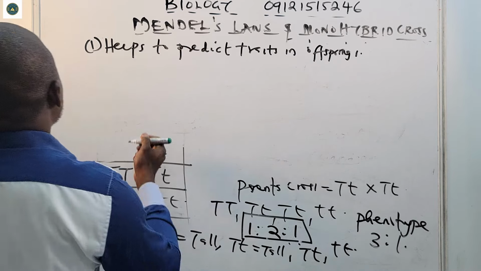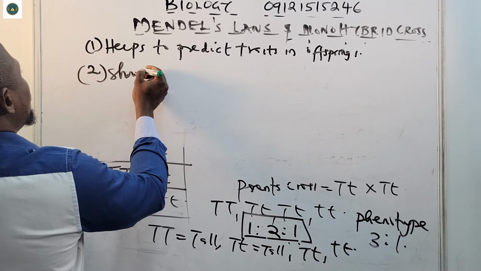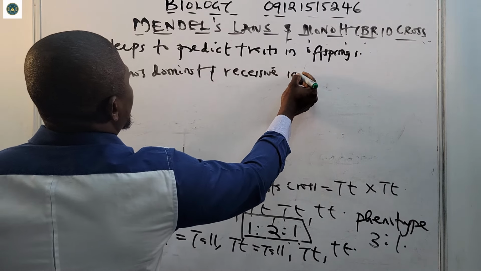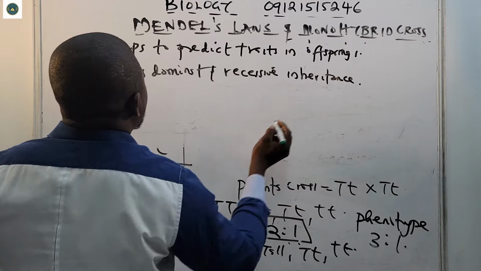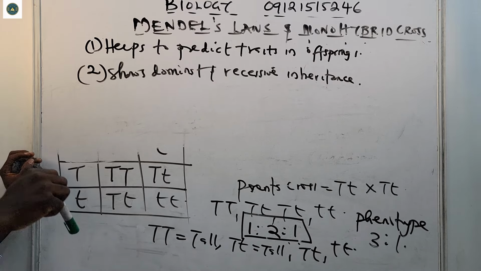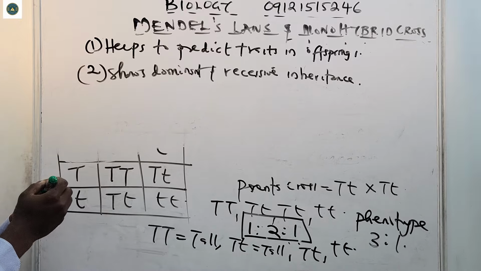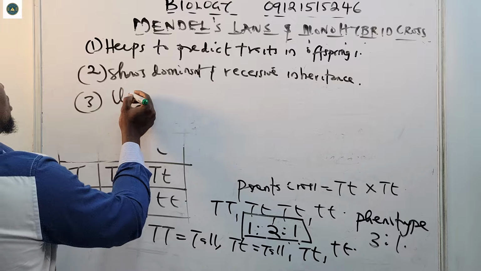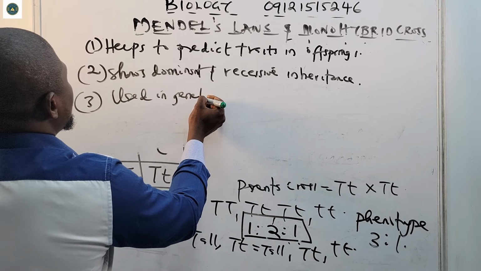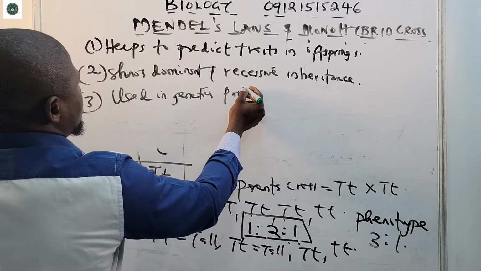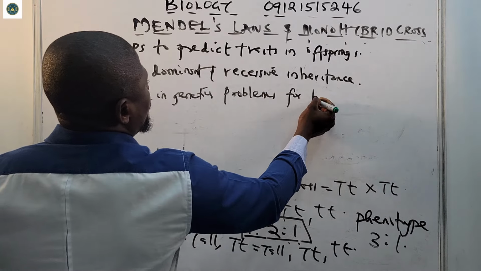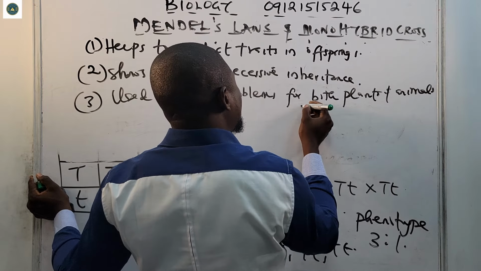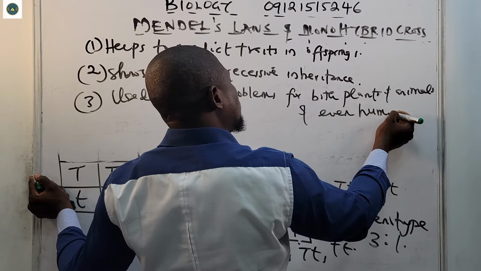Then number two, it shows dominant and recessive inheritance. Lastly, number three, it is used in genetics problems for both plants and animals and even humans.